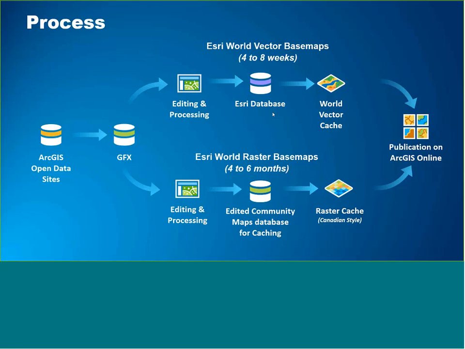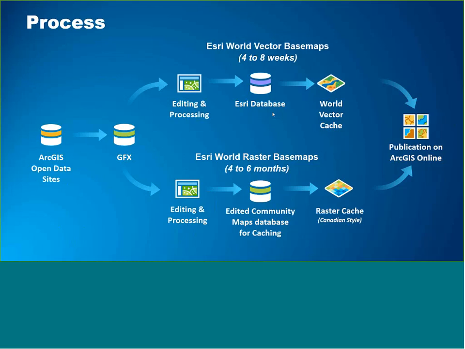sending data into the vector world base map. So again, it's a similar process to the raster base map, but it's a little faster because we're dealing with vector as opposed to raster. Once we're ready to process the community, we extract that data from the GFX, and we do some editing and processing similar to what we were doing with the raster map. So we'll standardize the road classifications, we'll edge match a community, so on and so forth.